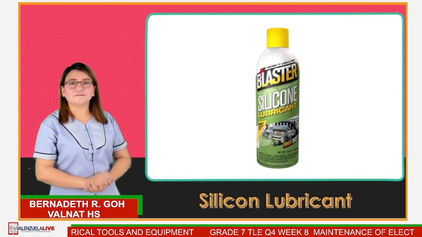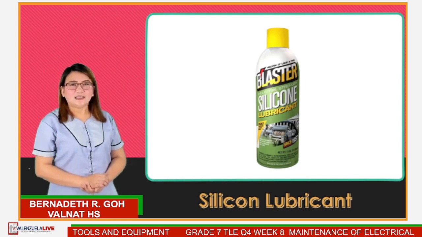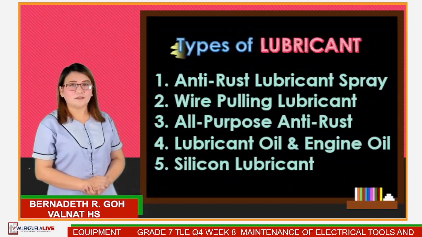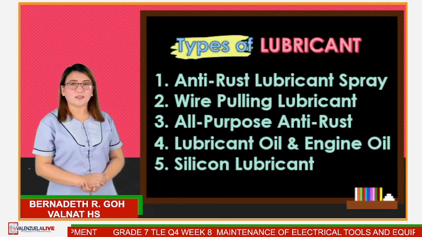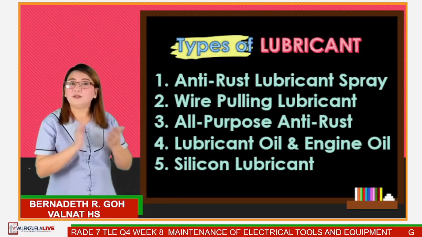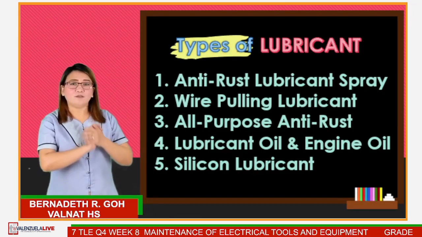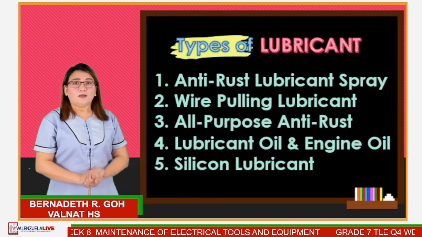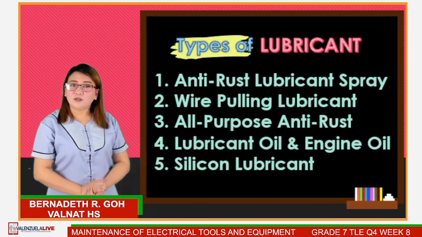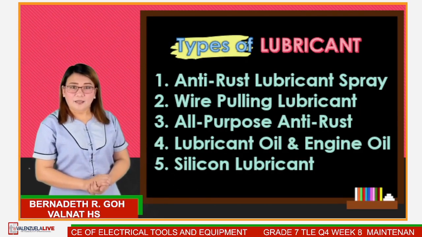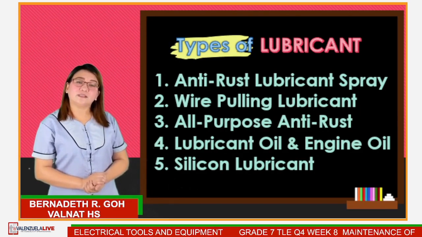Next, again, the different types of lubricants according to their uses are anti-rust lubricant spray, wire pulling lubricant. We have also the all-purpose anti-rust, another lubricant oil or the engine oil, and we also have the silicone lubricant.